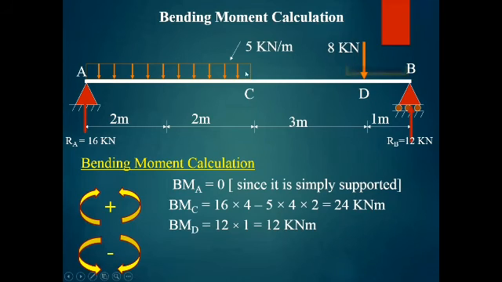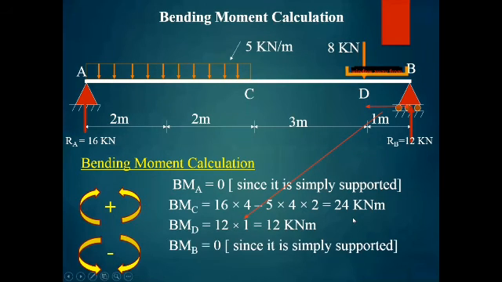So that load 12 multiplied by the distance of 12 from D. Again, very important, the distance we have to consider from D to the point load. So 12 into 1, this 1 meter. So I'm going to get BM at D. And next and the last will be BM at B, which I can calculate from the right hand side, and my answer is 0.